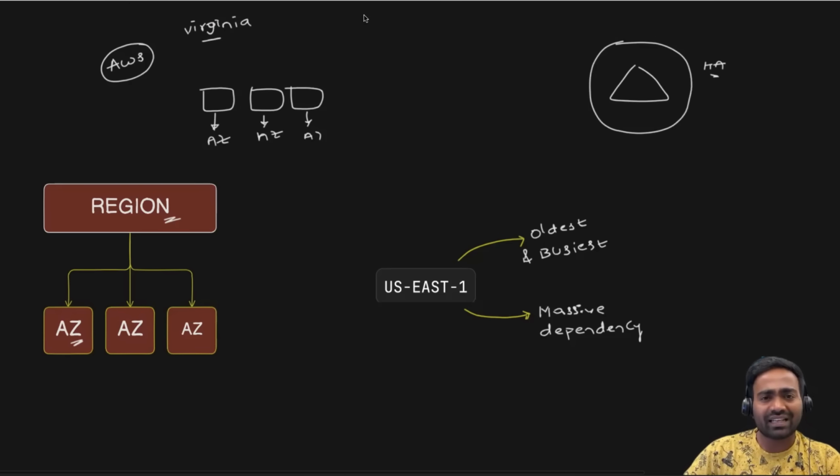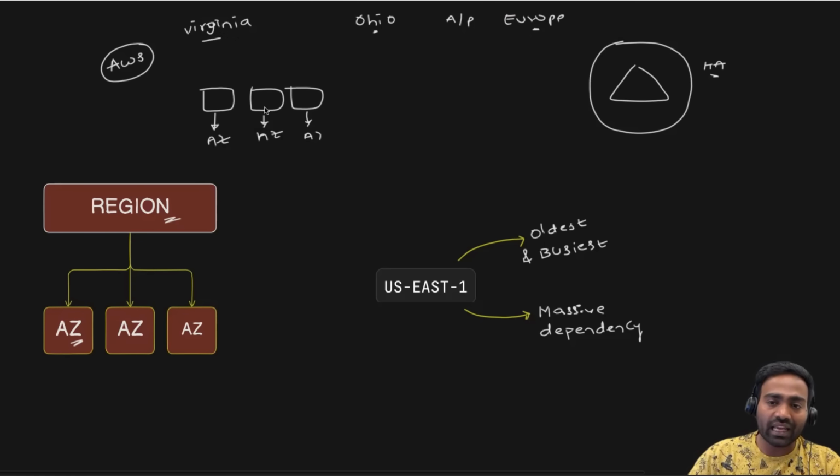Similarly, AWS has identified another region in the US, which is Ohio, and they also have a bunch of data centers across Asia Pacific, Europe. So what I'm trying to say here is AWS identified regions, and within the regions, they have identified availability zones.